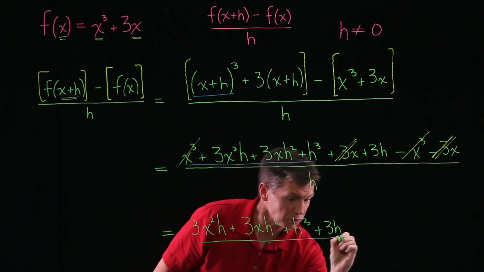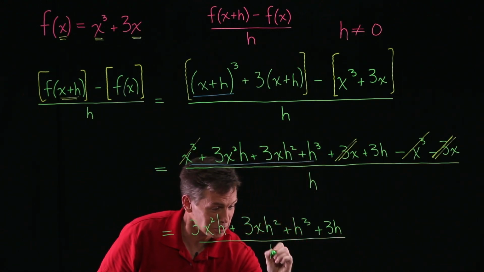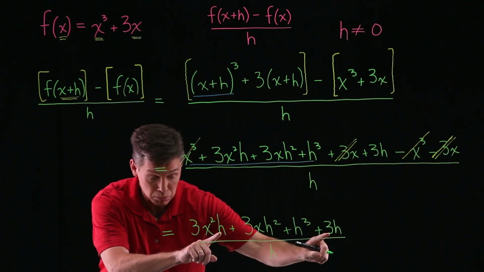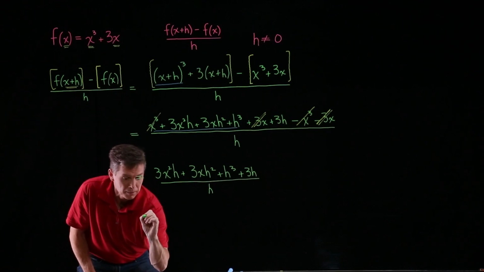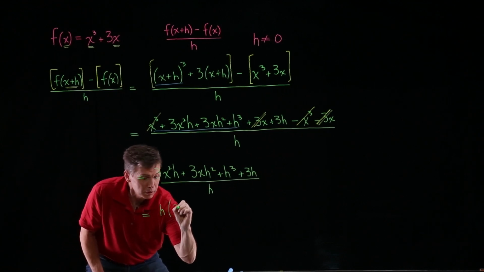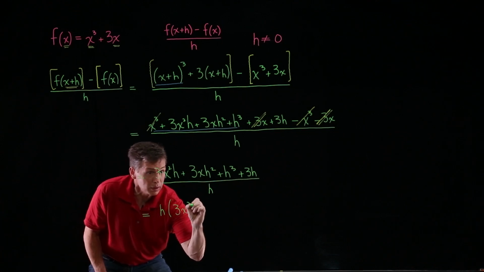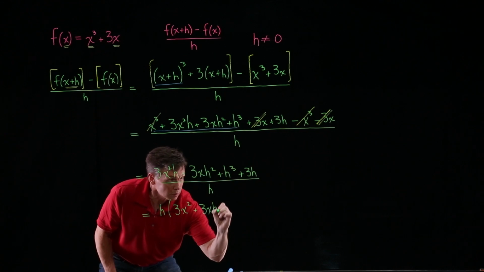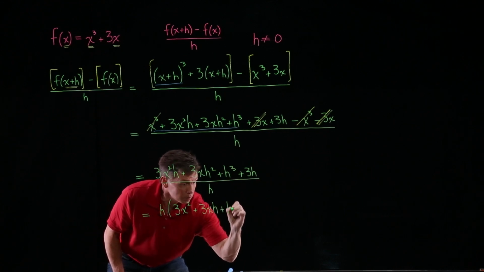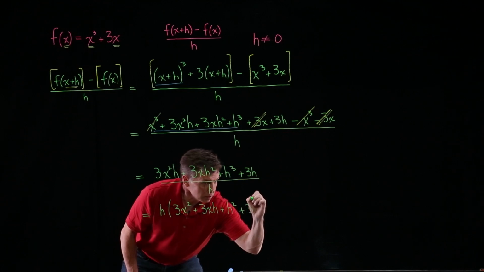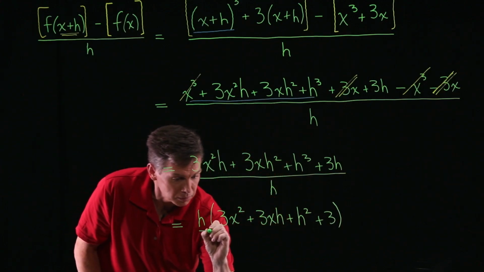And in doing that step, I think I heard myself say h a lot. Notice how each of the terms has an h in the numerator, so let's factor that out. I factor an h out of the top, I get 3x squared plus 3xh to the 1 power plus h to the 2 power plus 3, all in parentheses.